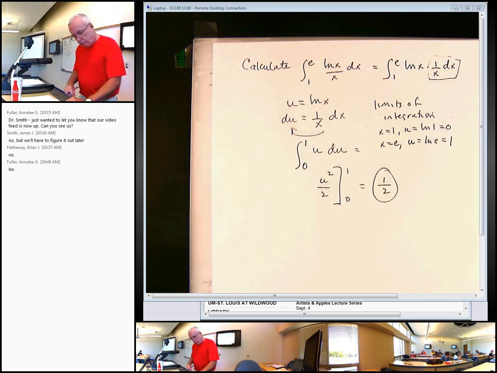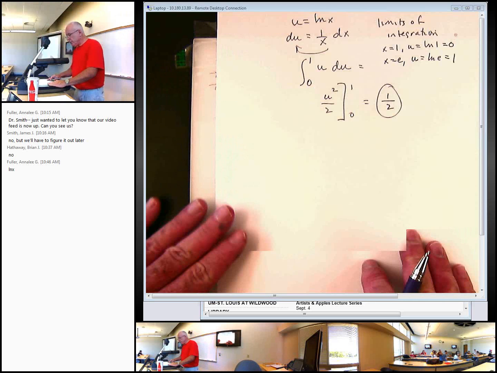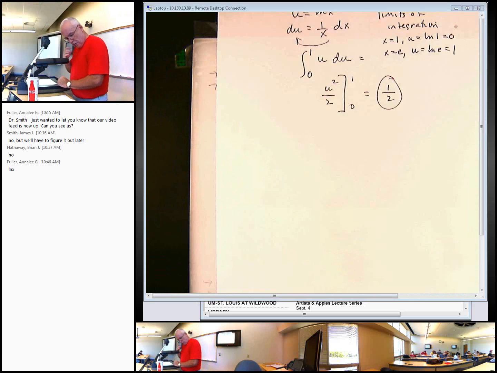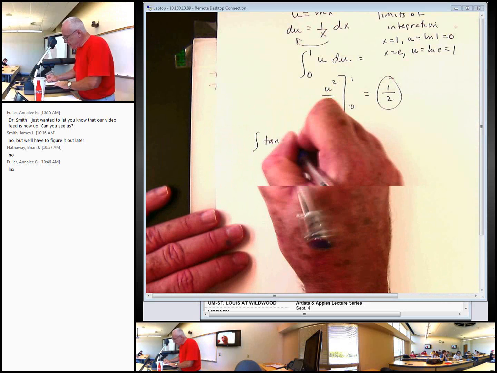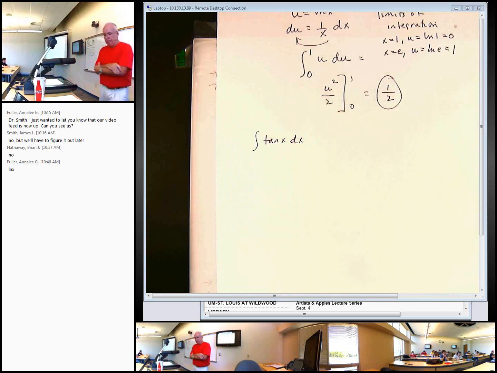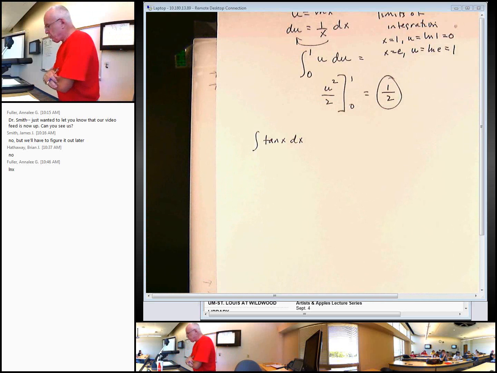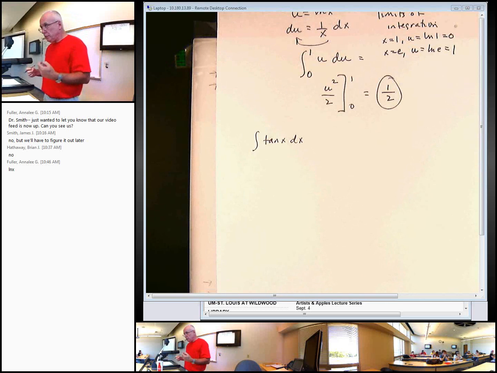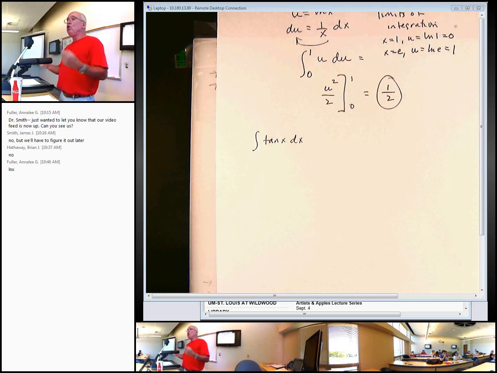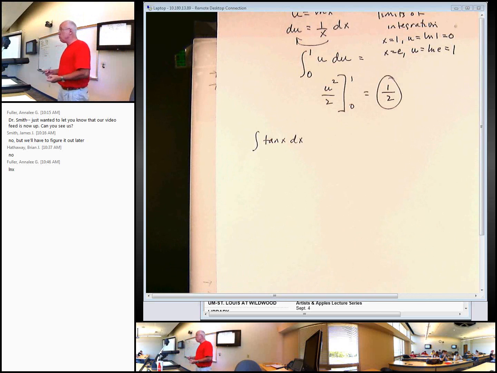Right. Let's look at another one where we're going to be using a substitution. And this is the antiderivative of the tangent of x dx. So what we need to do here is, oftentimes, and we're going to see this in later sections, it's helpful to rewrite your tangent function in terms of sine and cosine.